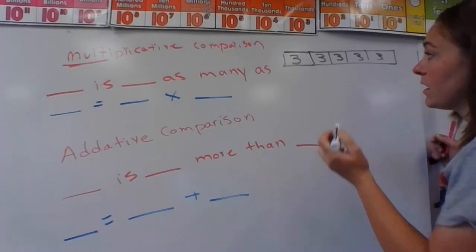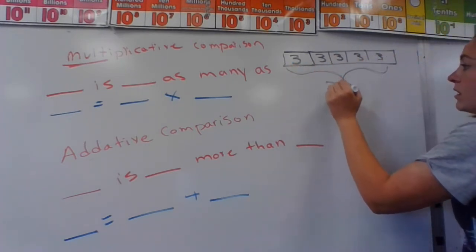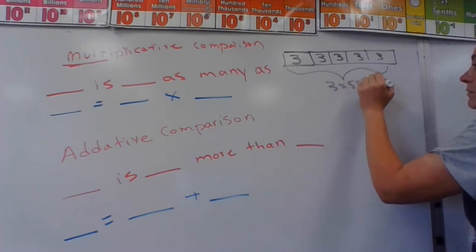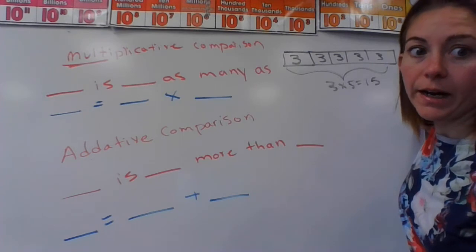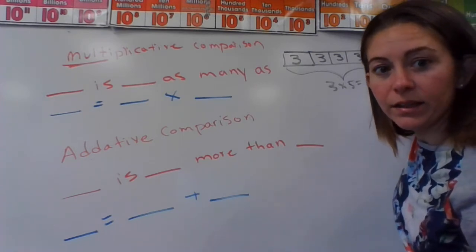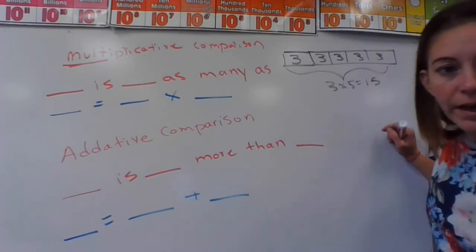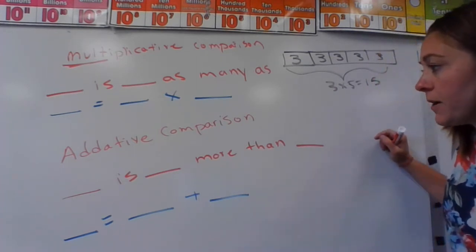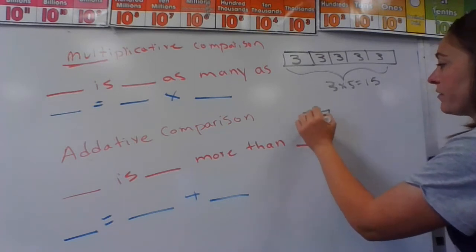So this is really saying 3 times 5, or a total of 15. Like if I said, I have 3 dogs, but Kaylin has 5 times as many, this would be showing that problem.